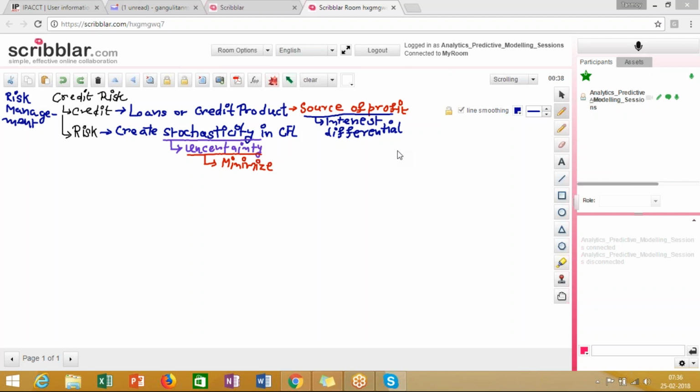So as I was saying, during that time I was talking about risk management, the credit risk models and these modeling techniques. These modeling techniques are a part of managing risks at different parts of the customer's credit life cycle.